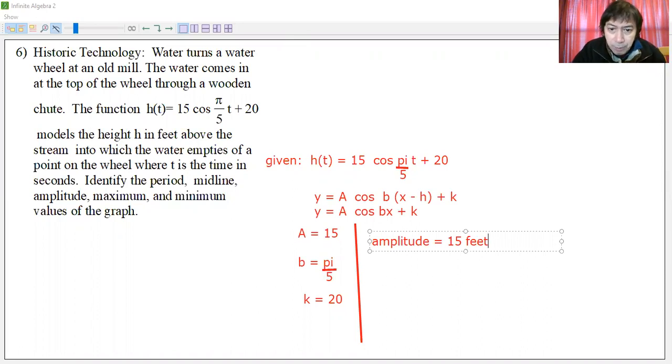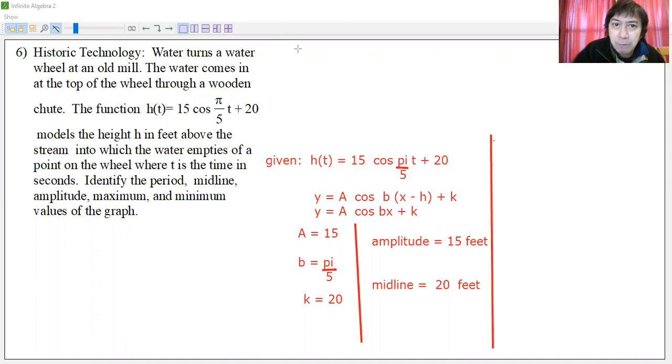Also, our midline K. Midline is the 20, okay? And this will be 20 feet there. All right, what else? We can now compute our maximum and minimum. Compute for the maximum and minimum. All right, we shall use the right side of the screen. Okay, for our max.